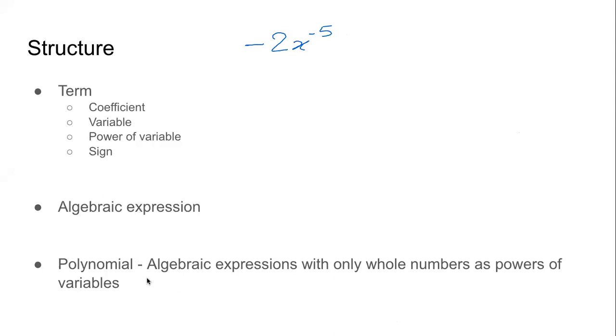First tell me what the variable is. X. Thank you. And second, what is the power of this variable? -5. Correct. And then I will ask you, what is the sign for this term? Minus.